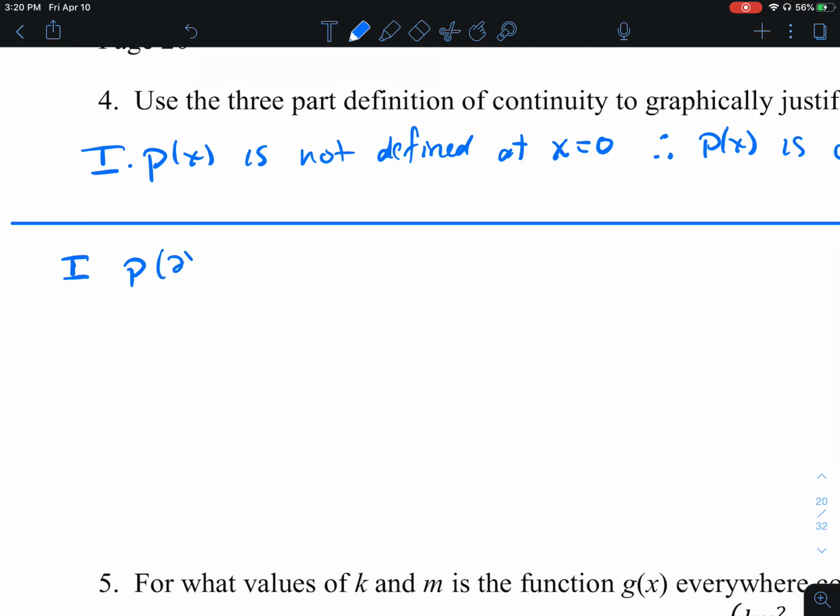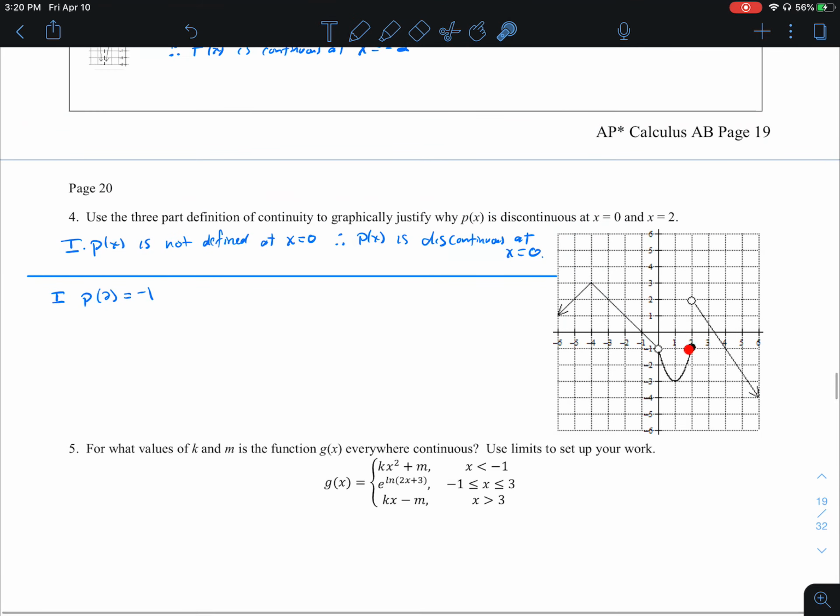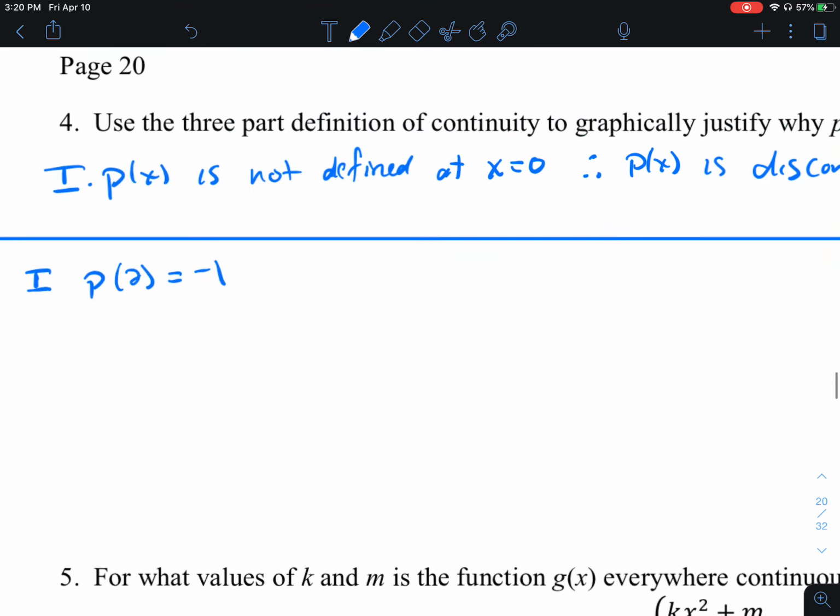Let me say this. P of 2 is equal to -1. Therefore, P of 2 is defined.